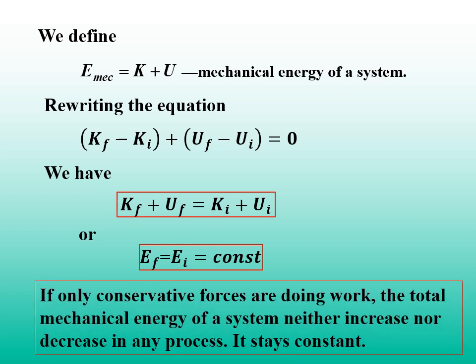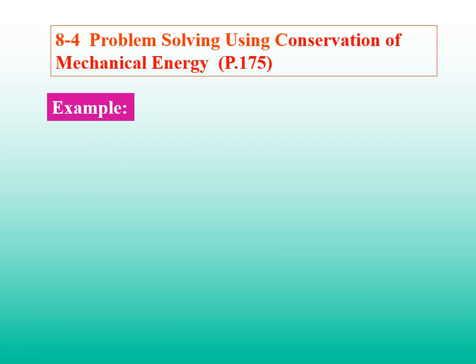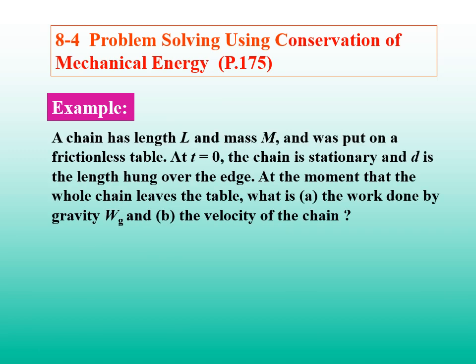This is called the principle of conservation of mechanical energy for a conservative force system. If only conservative forces are doing work, the total mechanical energy of a system neither increases nor decreases in any process. It stays constant. The law of conservation of energy gives us an alternative approach to solving problems.